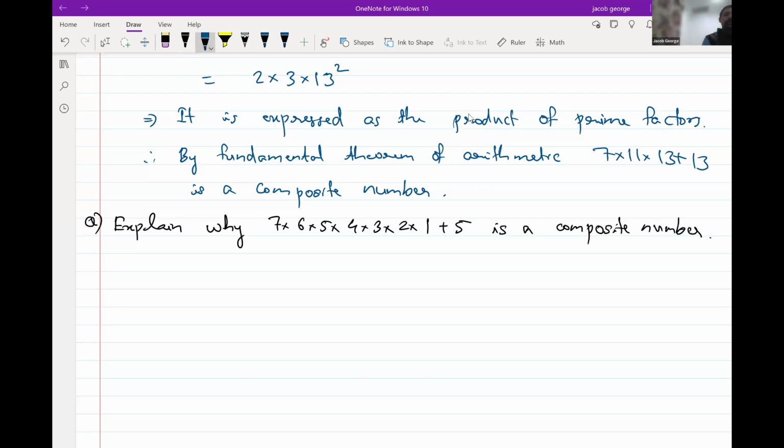Explain why 7 into 6 into 5 into 4 into 3 into 2 into 1 plus 5 is a composite number. Here, how many terms are there? So what common factor do we take? 5 will be the common factor. Please try to do the same way. I will give you 1 or 2 minutes to try this by taking the common factor outside.